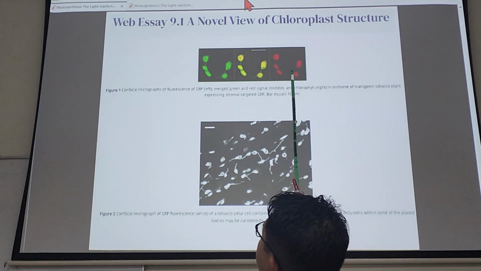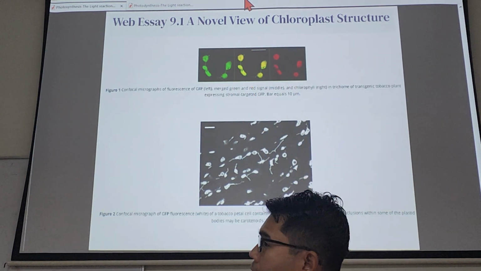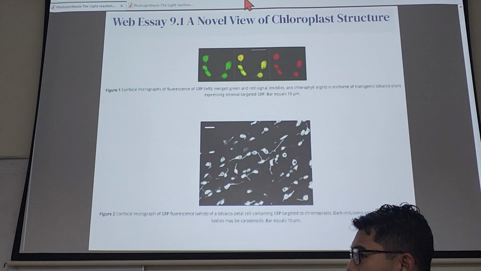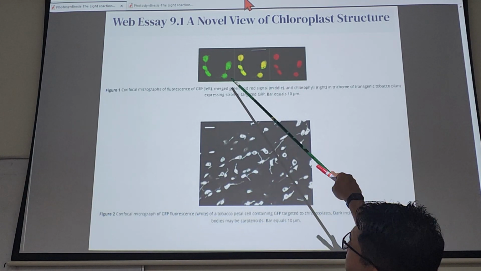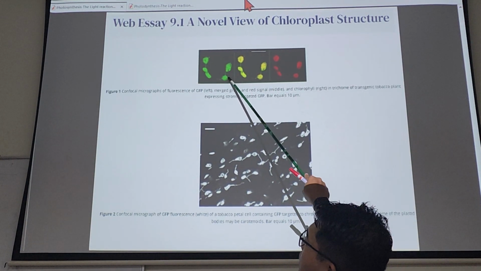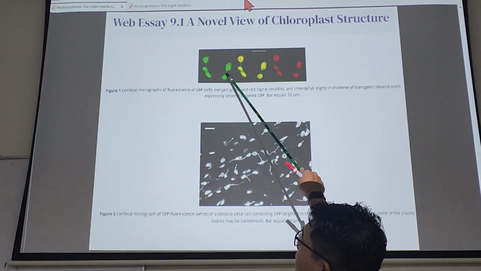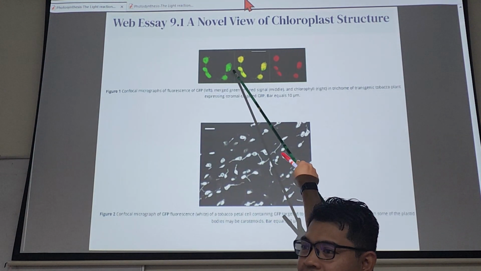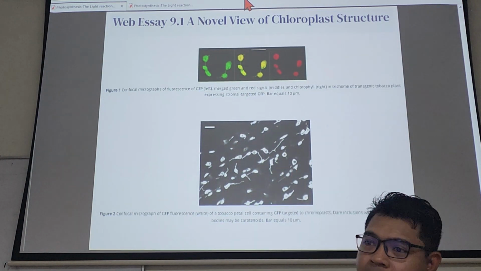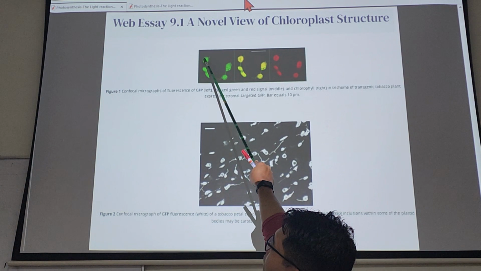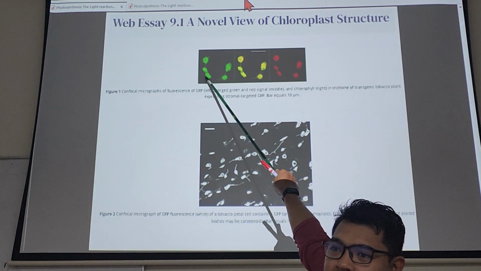Look at here. This is the confocal image, meaning that the sample has been dyed with fluorescence dye. You can see here, this is your grana lamellae. What's that bridge? Stroma lamellae. And guess what? They are actually all one long tubing.